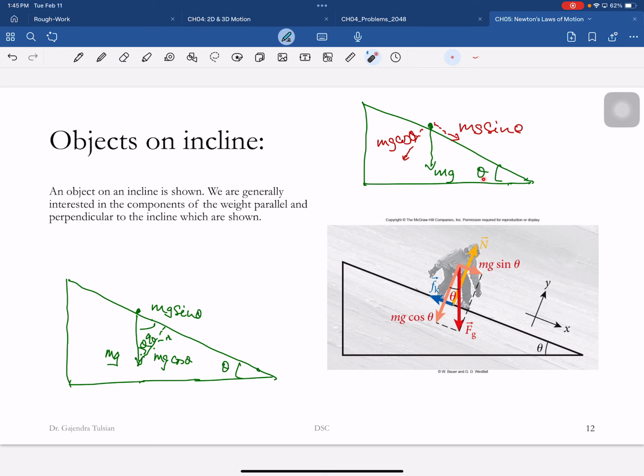If theta is 0, okay, so what is the force along the horizontal, along the slope? 0. Right. So this would be mg, and the force along that line would be 0. All right. So again, you just have to remember this.